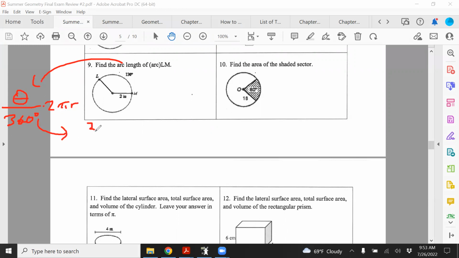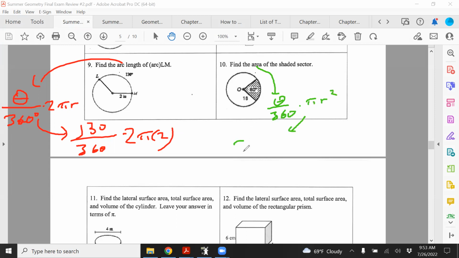So it's 130 over 360 times 2 pi times 2. Or you do this: theta over 360 times pi r squared. So it's 80.